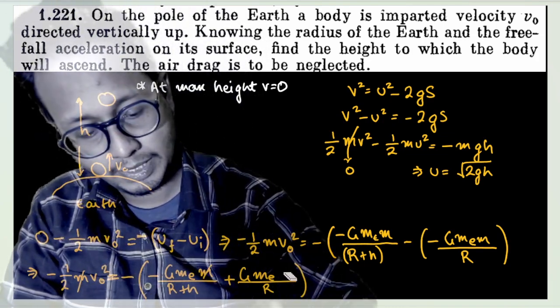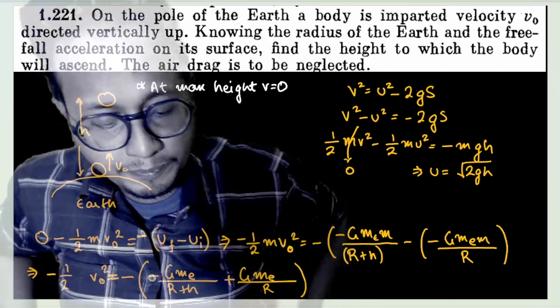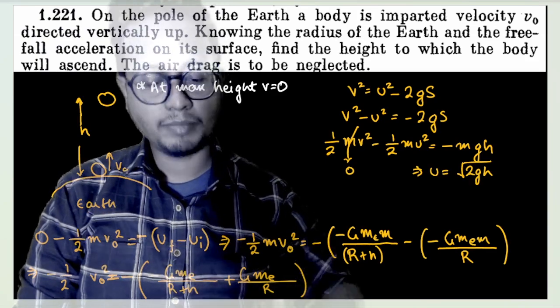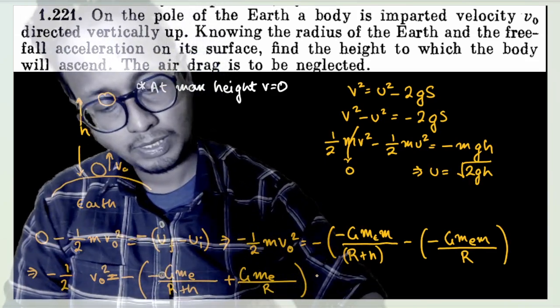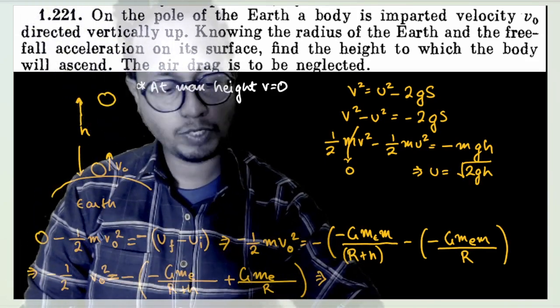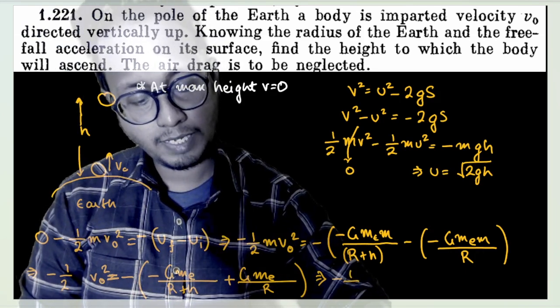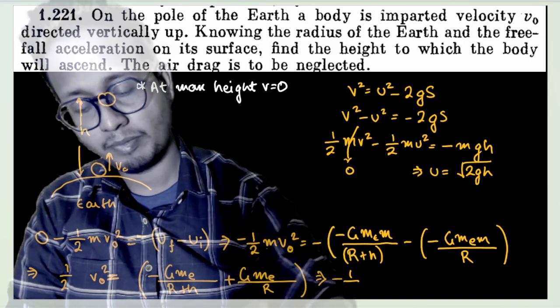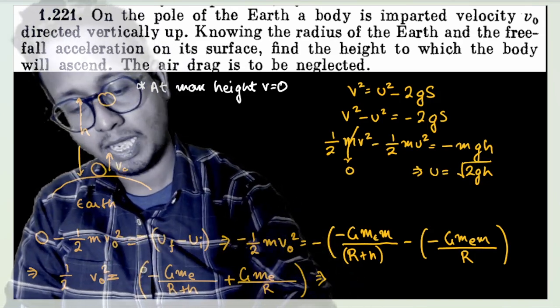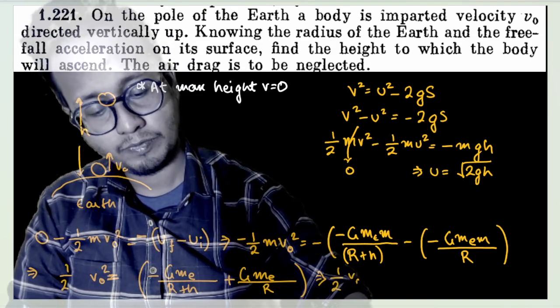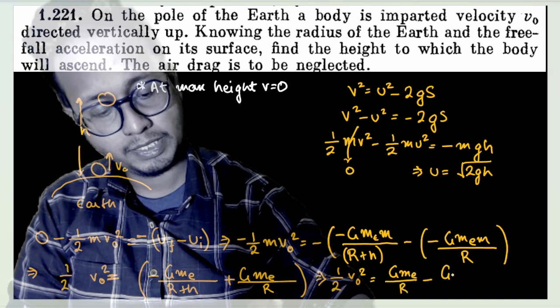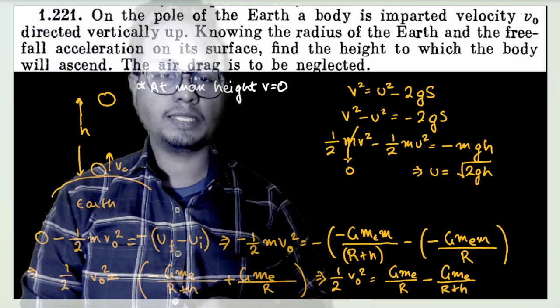Now the minus and this minus will get cancelled, so you do not need to multiply by minus. Half v naught square is equal to G Me by r minus G Me by r plus h.